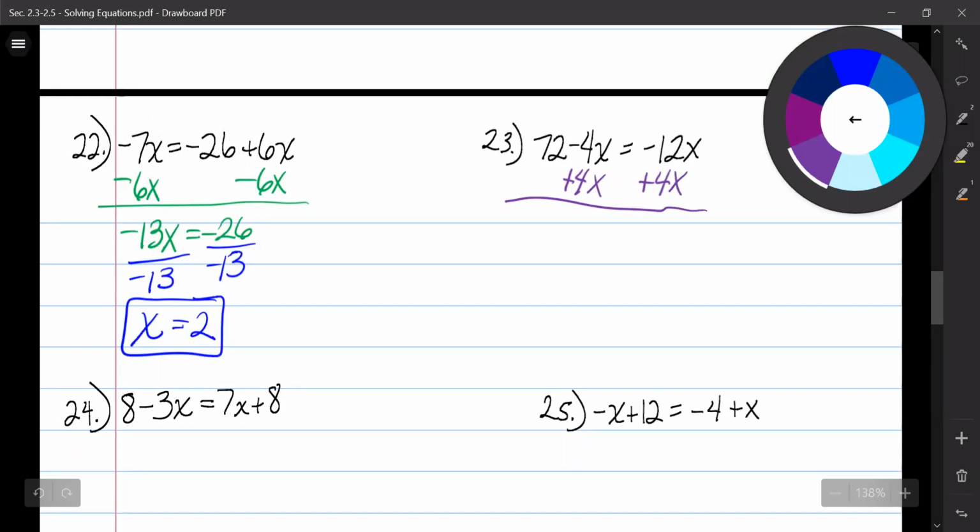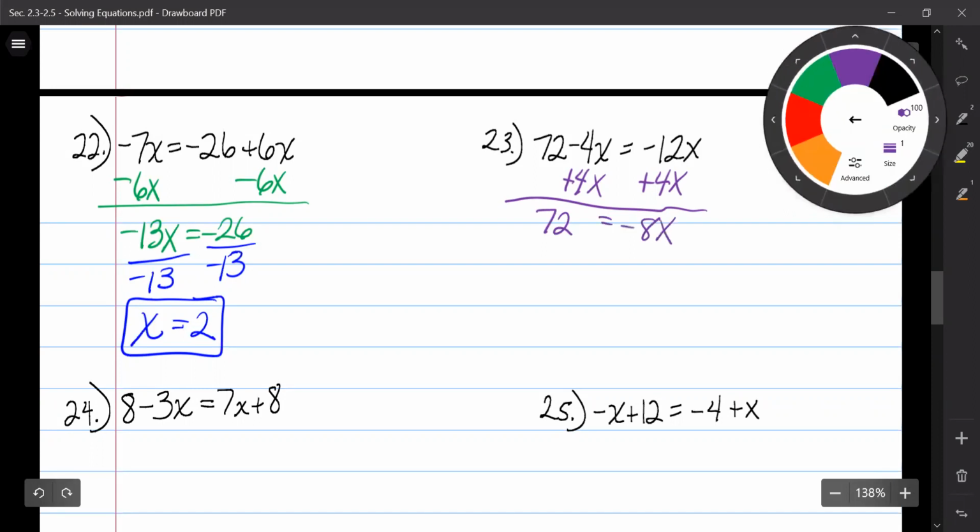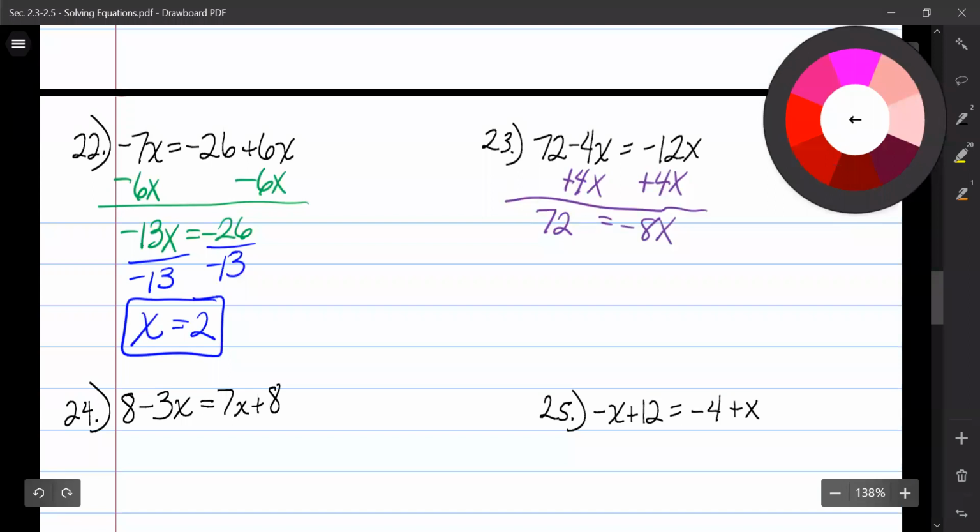All right, so that would be 72 equals -8x. And then I will divide both sides by -8, which would give me -9 equals x.